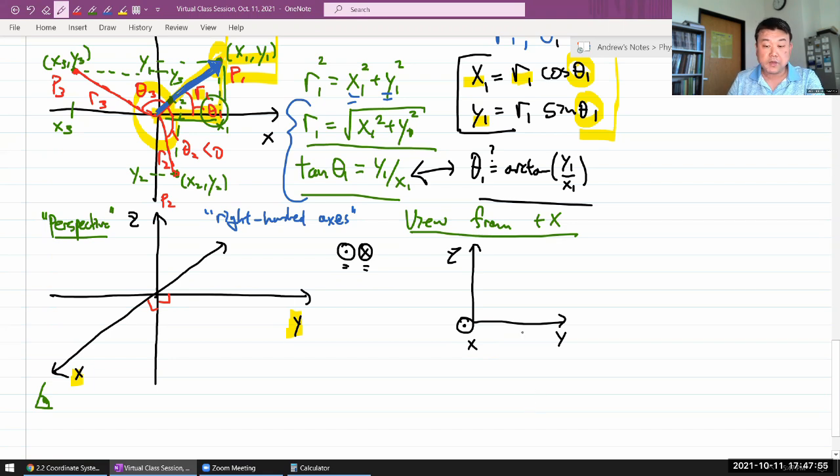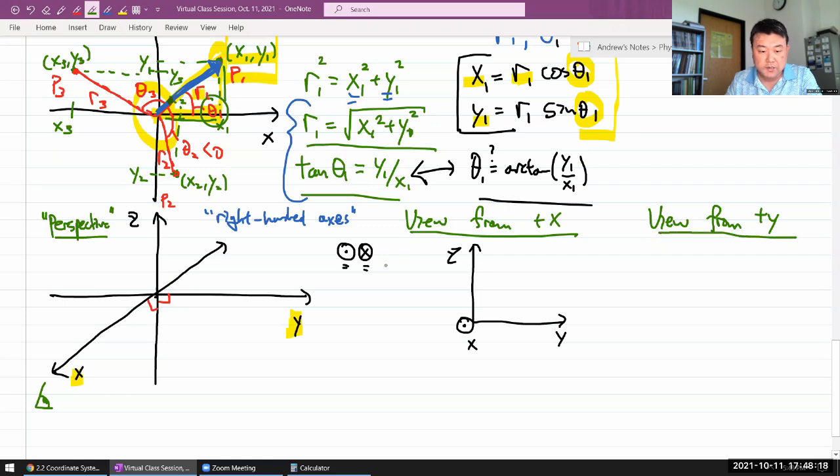When you are viewing this way, this necessarily collapses basically all the points with different x values into this one plane. So you might need a second view from another perspective. Maybe a view from the plus y direction.